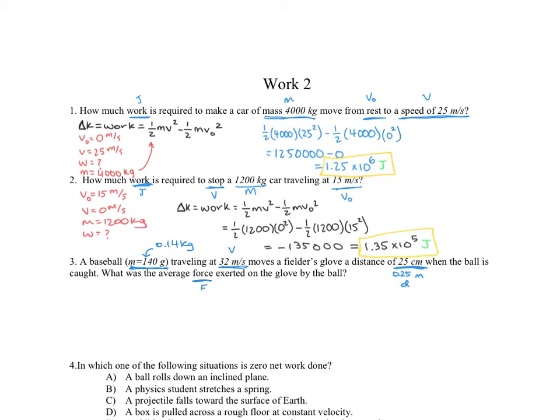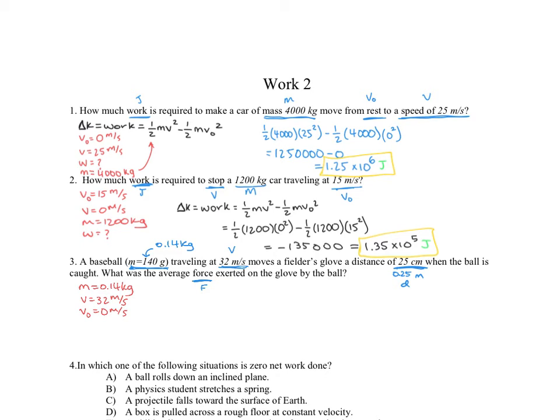So let's just write out our information and what we need to find. So we have mass of 0.14 kg. We have a velocity of 32 meters per second. We have an initial velocity of 0 meters per second because it wasn't explicitly given. So we can just assume that it's 0.